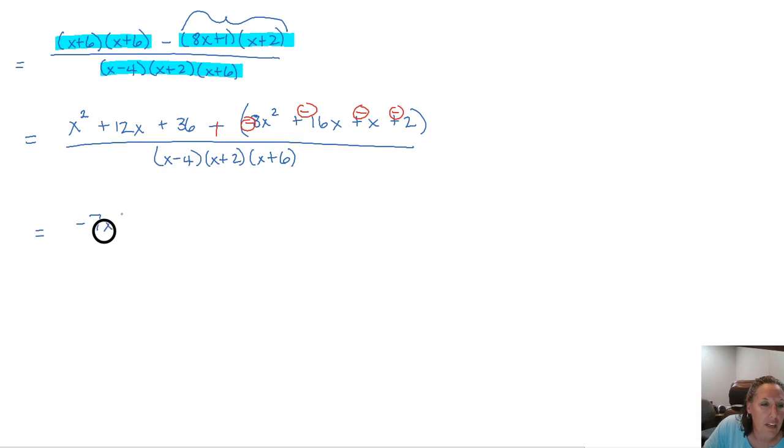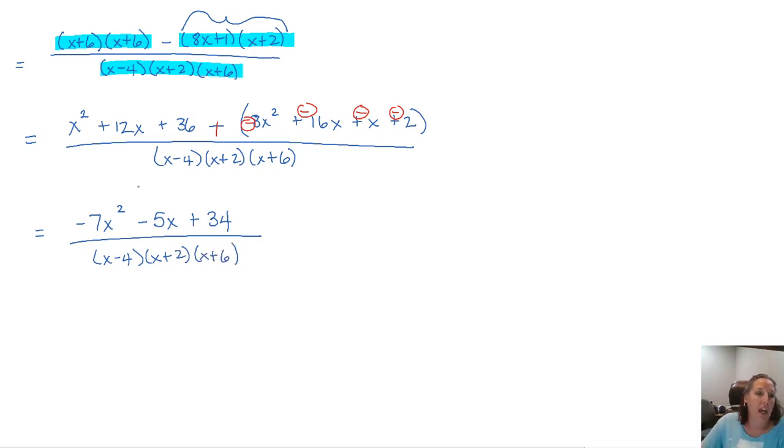That's going to be a negative 7x squared. And then we're going to have 12x minus 16x minus x. So 12 minus 16 is negative 4, minus 1 is negative 5x. And then 36 minus 2 is 34. All over x minus 4, x plus 2, x plus 6.